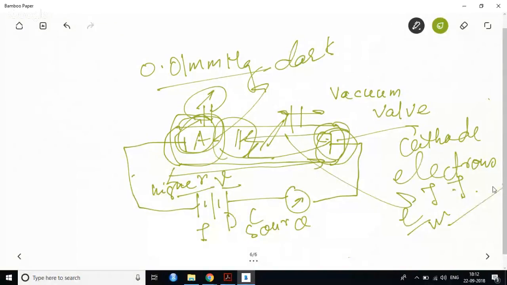So what are the different properties of cathode rays? Try to understand: first of all they are electrons, and as they are electrons, they would be deflected in electric and magnetic fields.